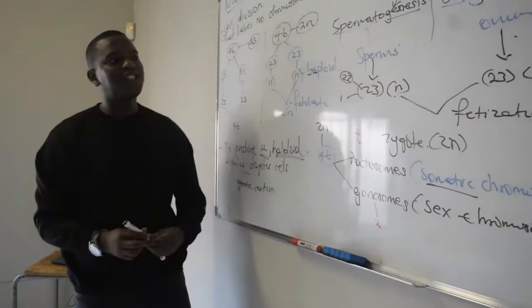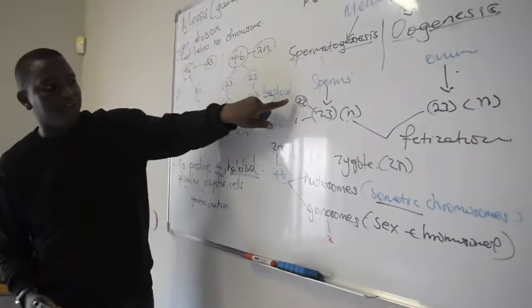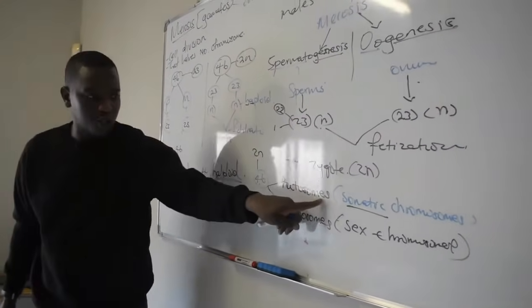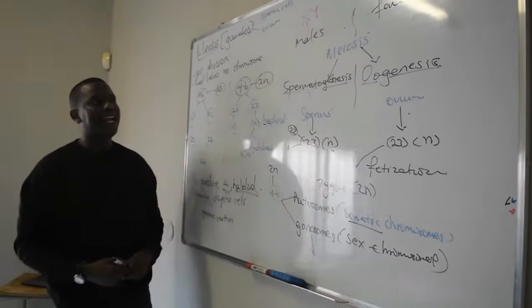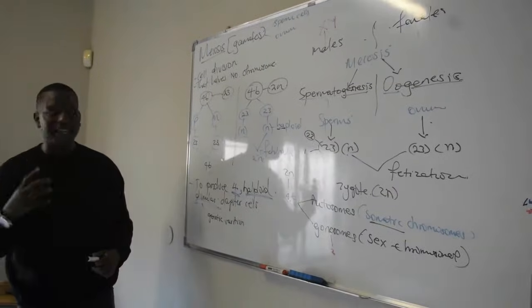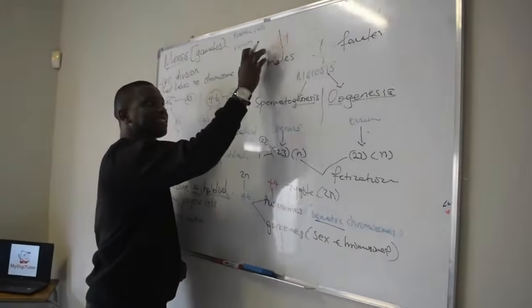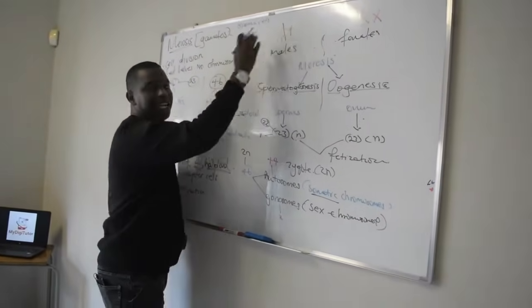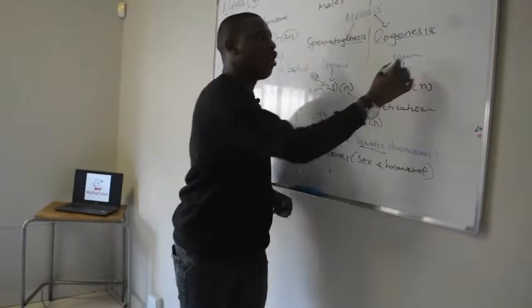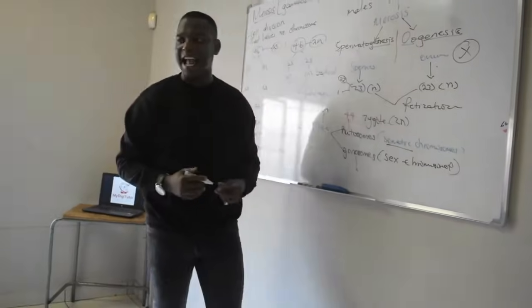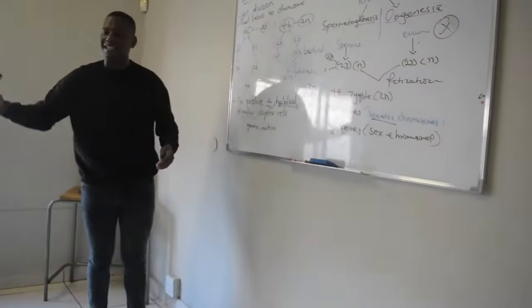That means in these 23 chromosomes, I have 22 autosomes and 1 gonosome. Meaning that inside the sperm, the sperm carries either X or Y. But an ovum can only carry X, because there is no other alternative gonosome.